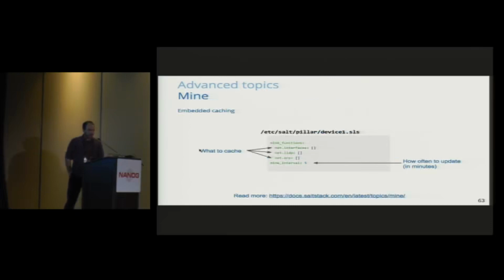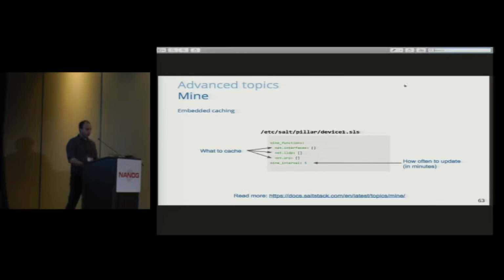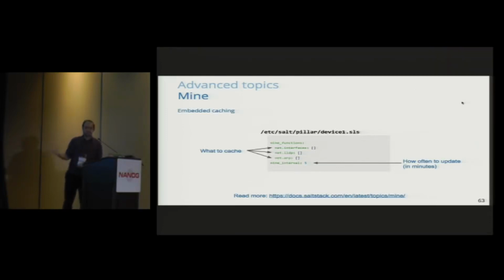Also, you can have embedded caching. You can cache some functions. The result of net.arp, for example, you can cache it. It doesn't change very often, and whenever you need it, you can access it instantly without retrieving the live data from the device.